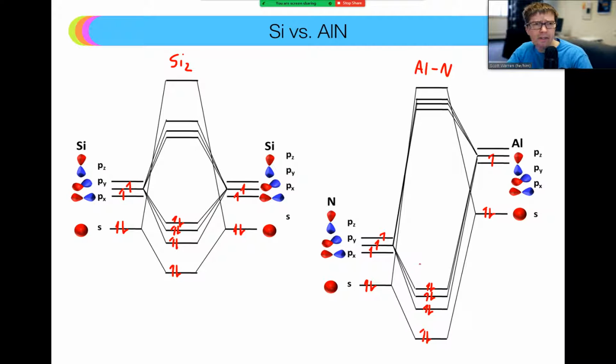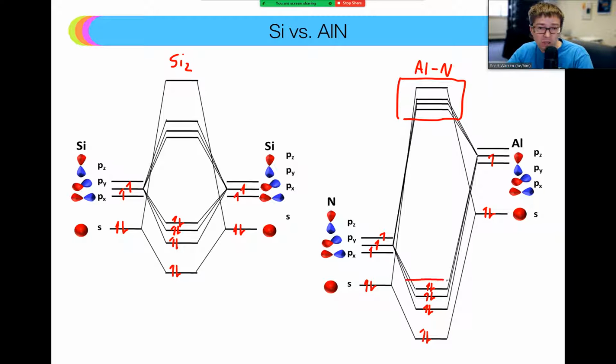The consequence of those shifts in the orbital energies is that shifting the aluminum energies up also shifts the resulting molecular orbitals up in energy.